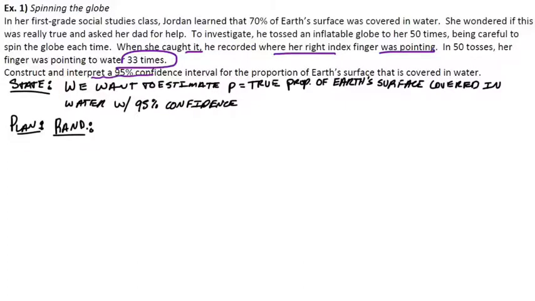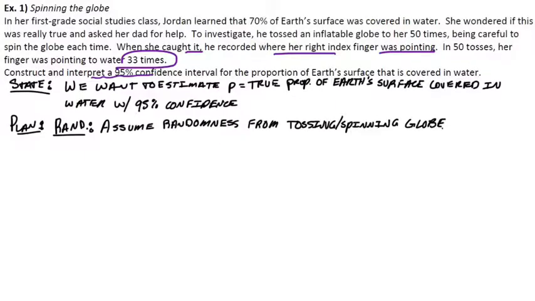Really just spun the globe and try to randomly place a finger on it. So we can assume randomness is okay, right? We'll assume randomness from just tossing or spinning the globe. So we can trust that that's a random process. So there's nothing wrong with the randomness in this procedure.